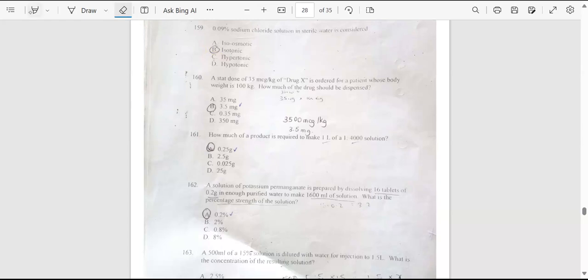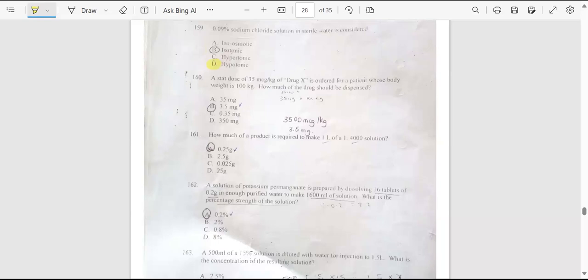I think it's isotonic because 0.09% means that in 100 milliliters of solution there is 0.09 grams of sodium. But isotonic is 0.9%, that's 9 milligrams per 100 mL.